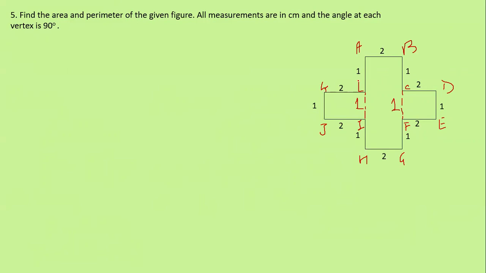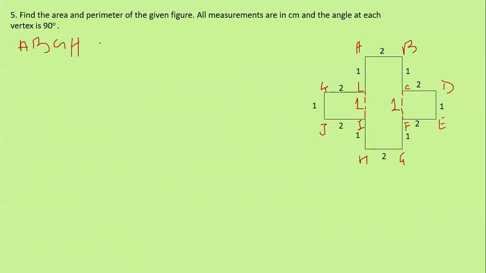So let me first take this, right? Take this entire rectangle. That is rectangle A, B, G, H. ठीक है? This is the rectangle, right? A, B, G, H. ठीक है?